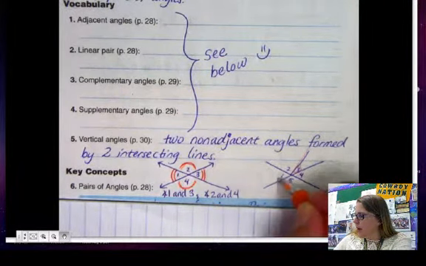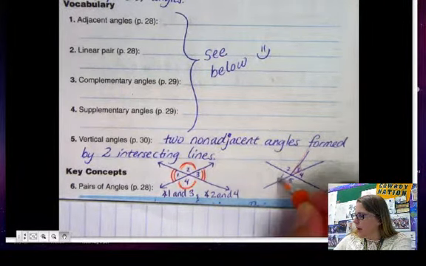Remember, we need two intersecting lines. Let's take a look at 2 and 5. We have this line that forms 2 and 5, which is good. But then the other line that forms 2 goes here, and then it veers off. It's not an actual straight line at all. And so 2 and 5 are not vertical angles.